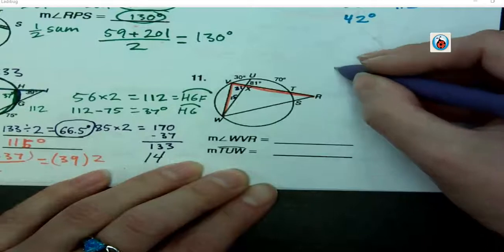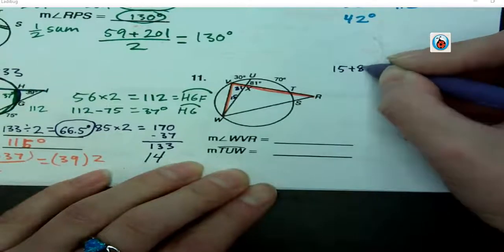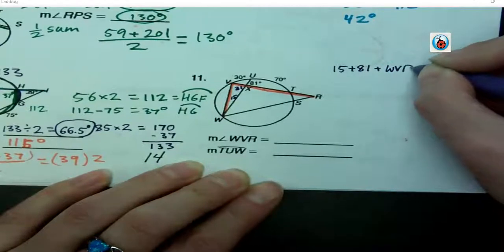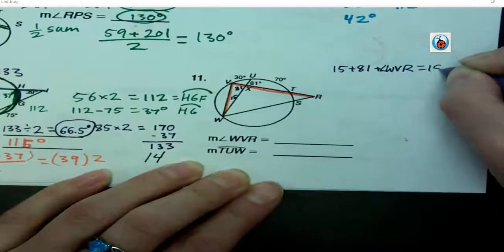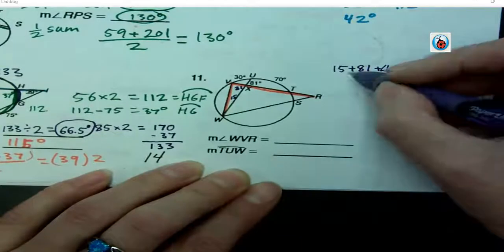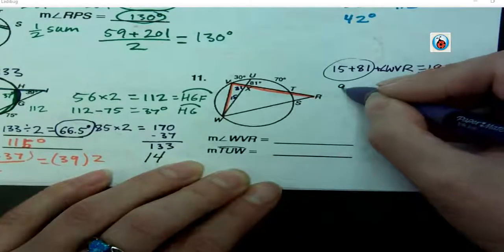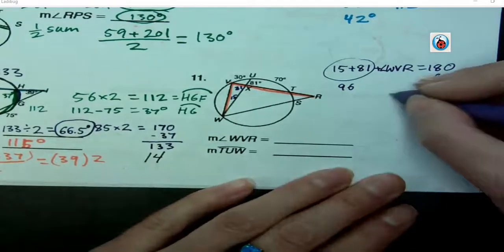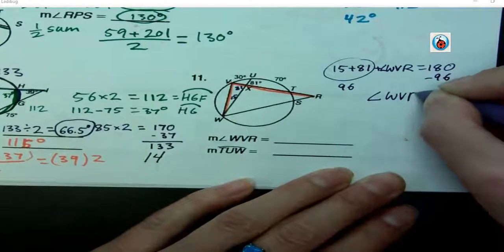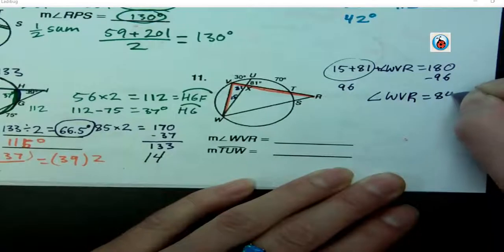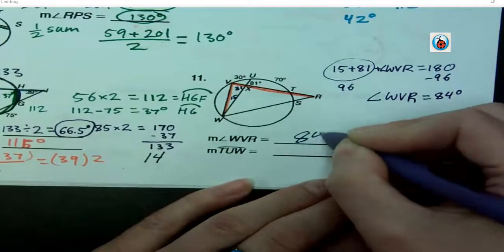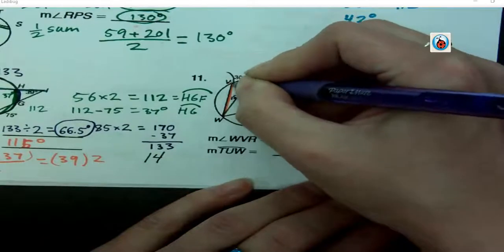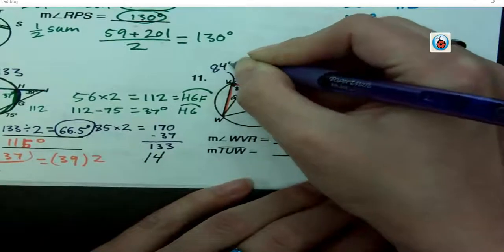And so now I have a triangle of 15 plus 81 plus WVR has to equal 180. And so I combine these two, 96, subtract 96 to get WVR equals 84 degrees.